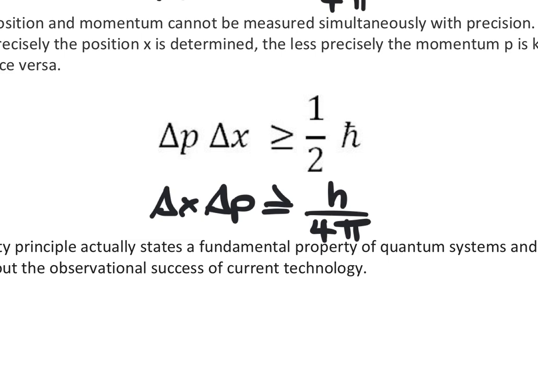So that's a constant. So pretty much the interpretation of that is that you can't know both the position and the momentum of the particle precisely. You either know the position precisely but not the momentum, or you know the momentum precisely but not the position. And that's just a function of the wave equation of the probability density.